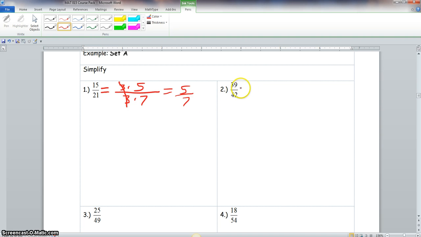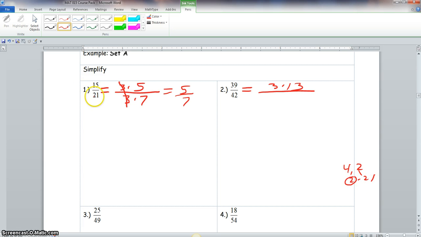Now we look here at number 2. In a previous problem, we did do the prime factorization of 39. We know that's 3 times 13. Now we haven't done 42, so I'll go off here to the bottom. 42 breaks down to, we could do this, 2 times 21. 2 is prime.